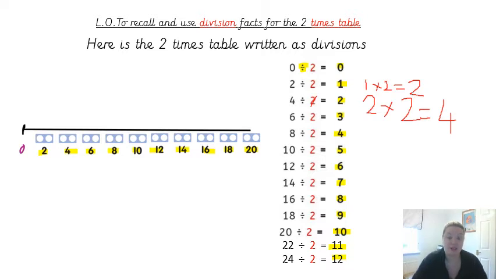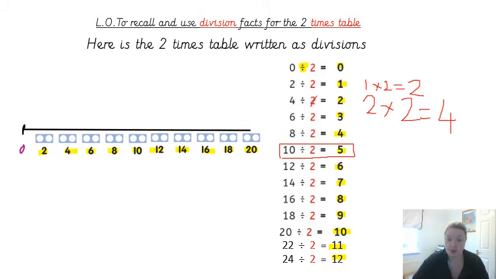If when we're timesing it, we're doubling it, what do we do when we divide it? Let's look at this one. 10 divided by 2 is 5. What are we doing? We are halving it, aren't we? Half of 10 is 5. So it's also half as well. So if you know half of, then you also know your division facts of the 2 times table.